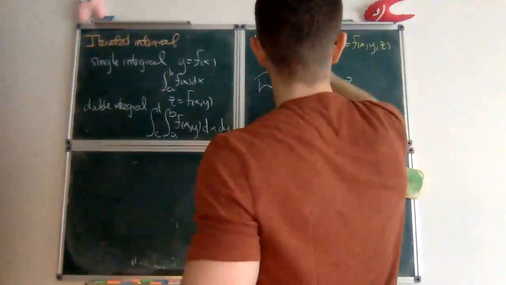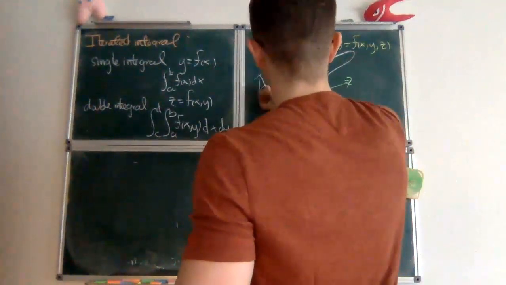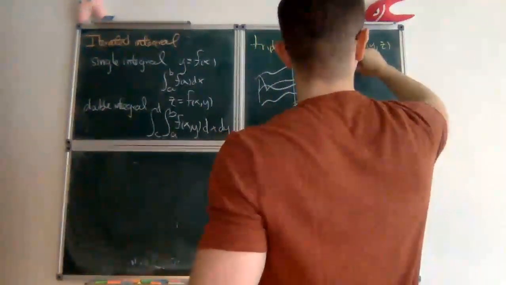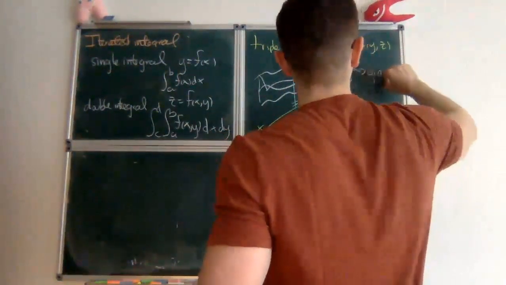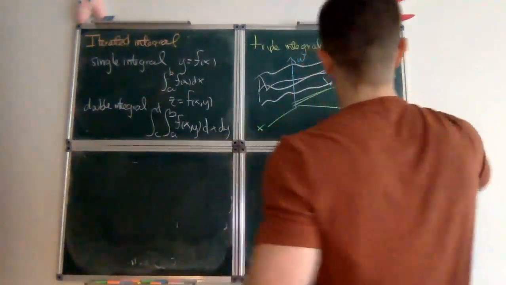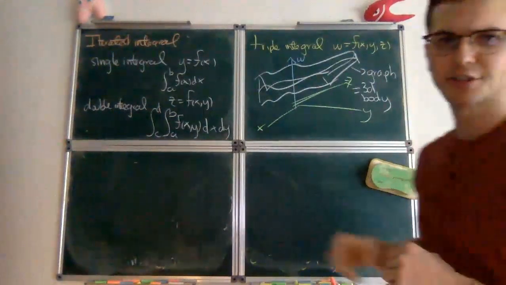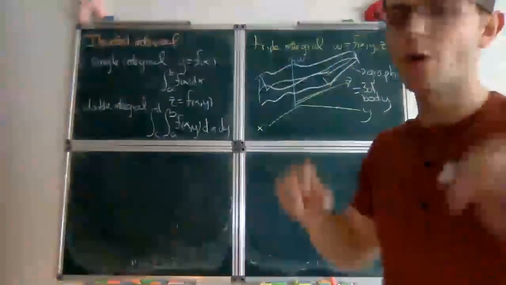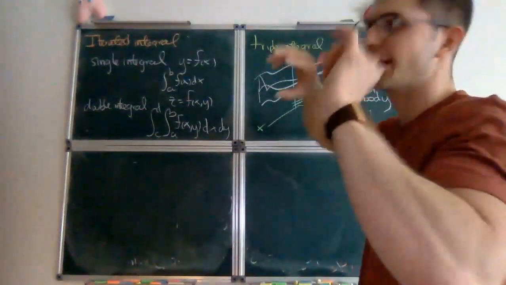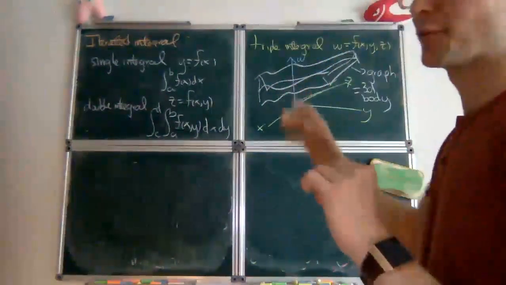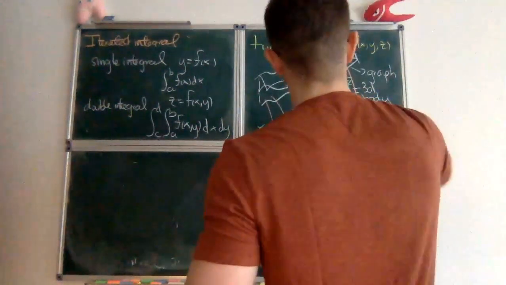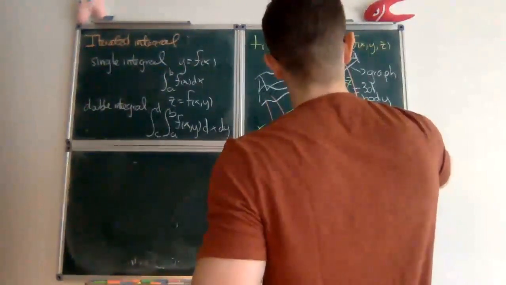So it's now like a thickened surface. So the graph is some sort of 3D body. And then there's some sort of hypervolume between this thickened body and the floor, but the floor is now XYZ space. So now here's some hypervolume.